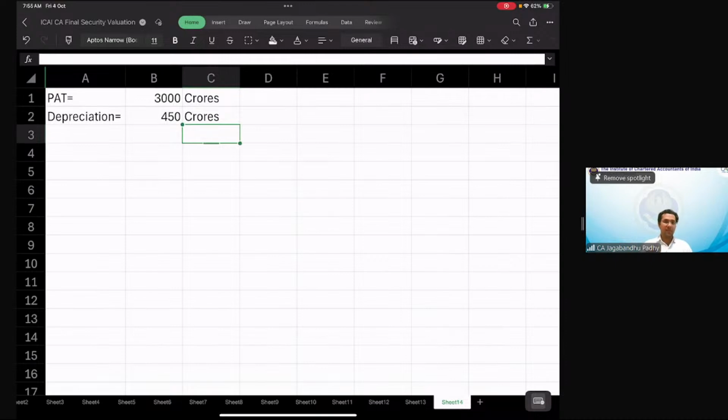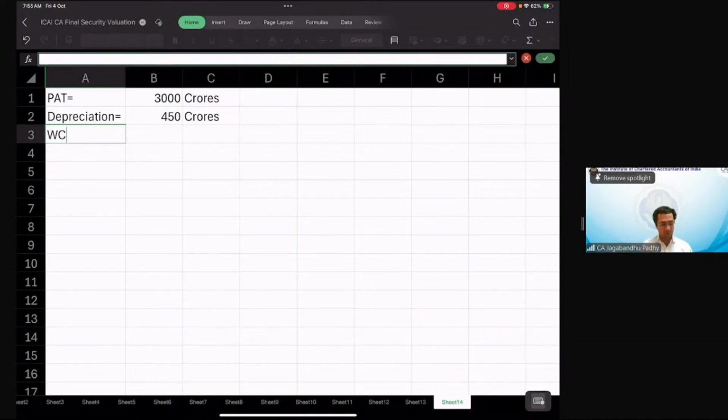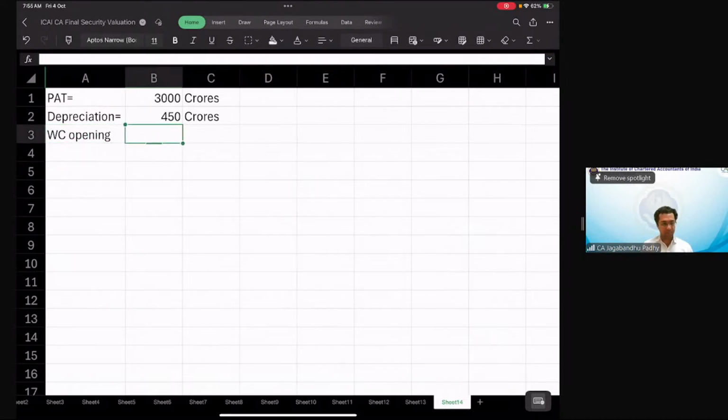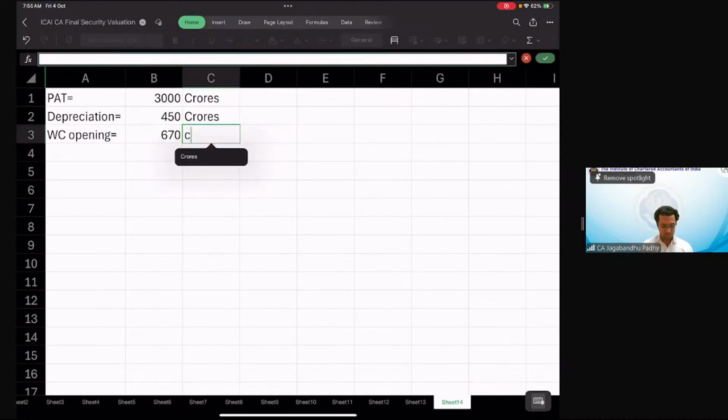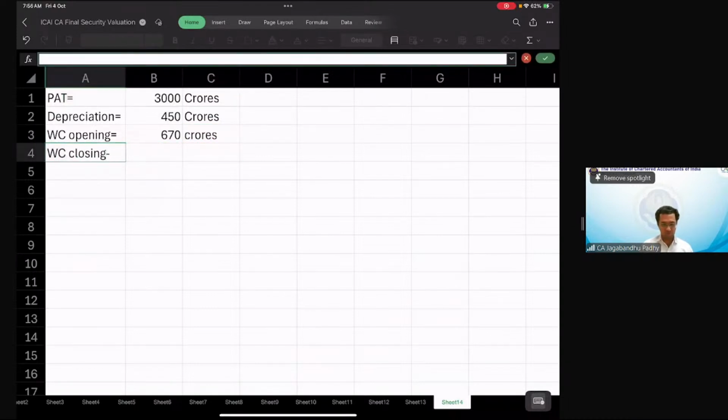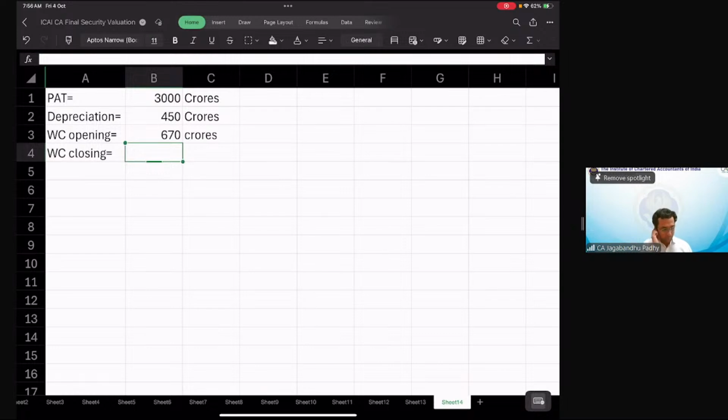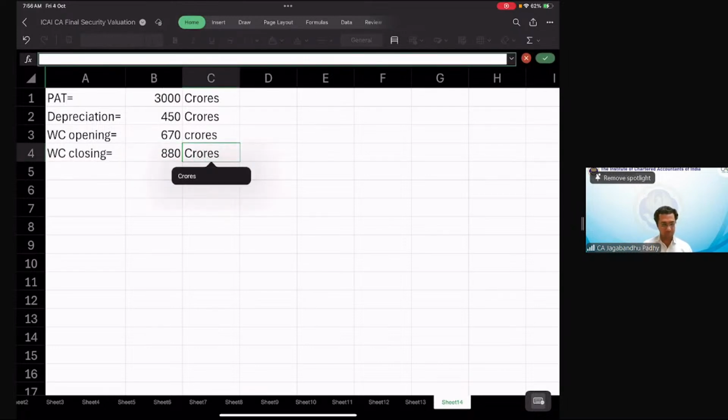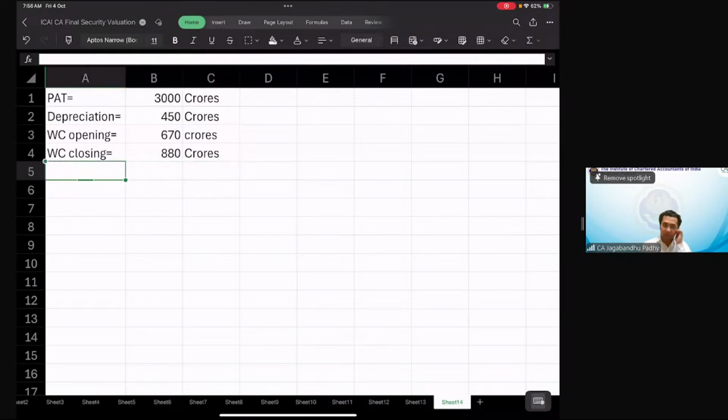Then we have working capital. Opening working capital was, suppose, 670 crores. Then closing working capital is, let's say, 880 crores.